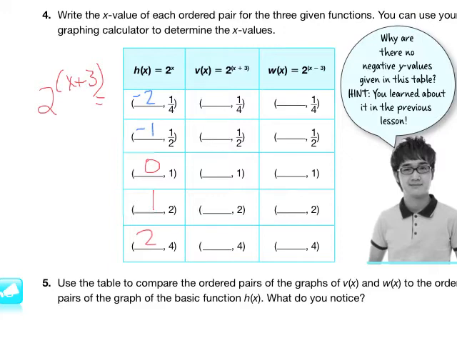Can we use the same system to figure out when y will be 1? Okay, when will y be 1? Remember, back in your hip pocket says 2 to the 0 equals 1.